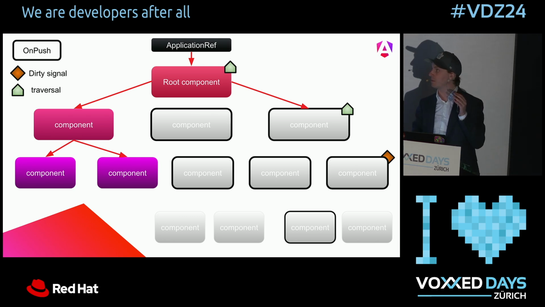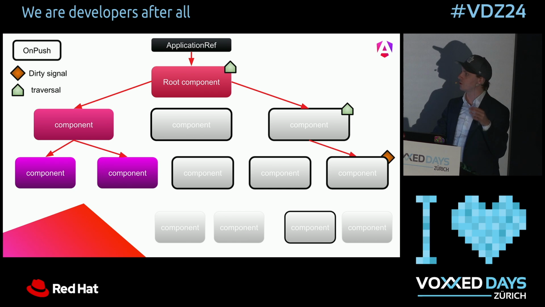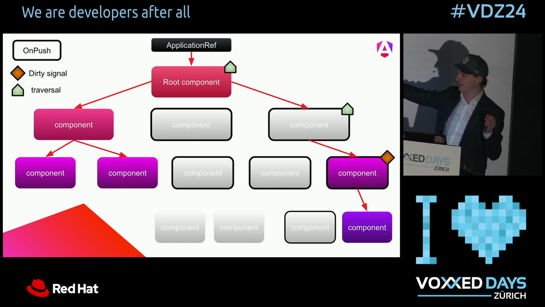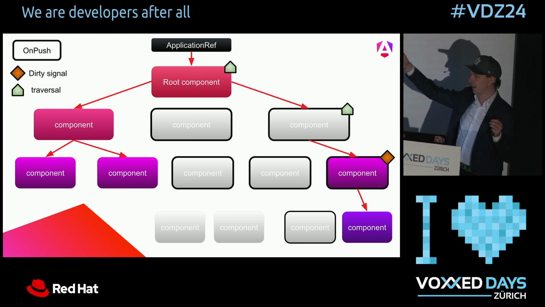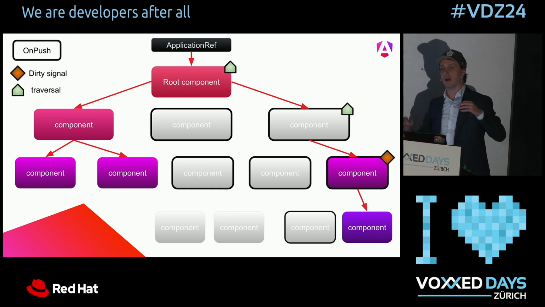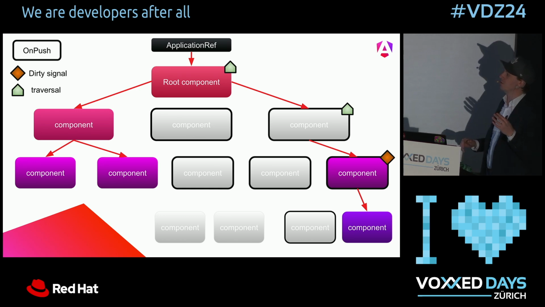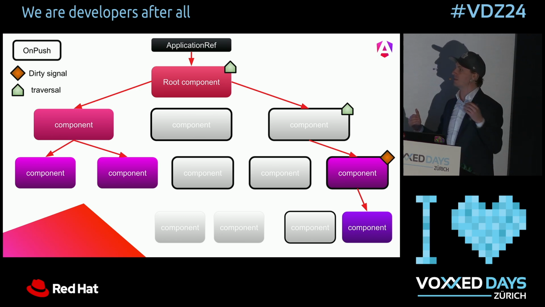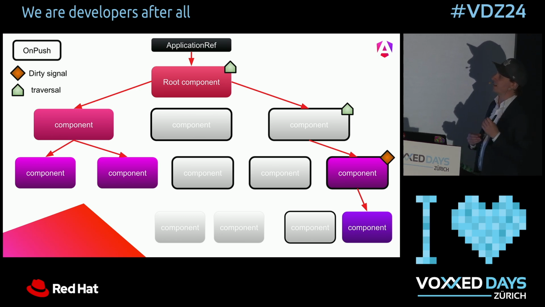And here, change detection will not run. It will only run on the dirty one and its children. And for example, in this case, the other child is OnPush, so it was not marked as dirty, so it will not be change detected. So here we have, with signals, an improved change detection run, so it will only update the components that are dirty.